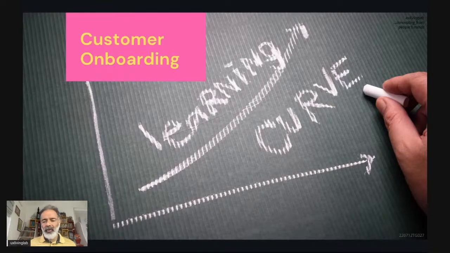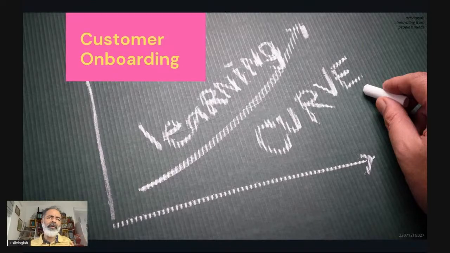The learning curve, we don't know what the learning curve of the product is. Maybe 2 weeks, maybe 3 weeks, maybe 1 day, maybe 5 minutes, whatever it may be. Customer onboarding, the company has to take care, whatever the product may be. Even if you are selling a tea bag, let them understand or discuss with them how many ways you can prepare tea.